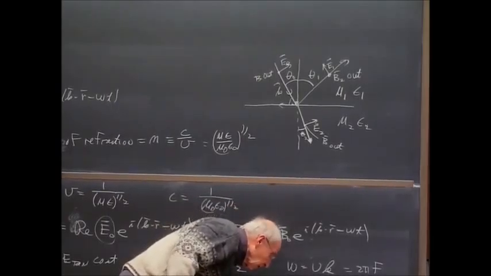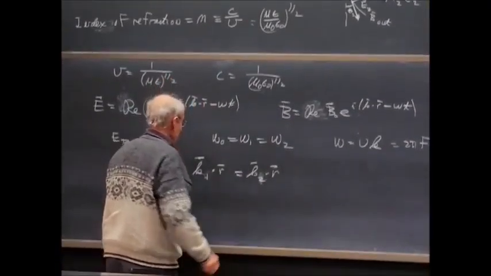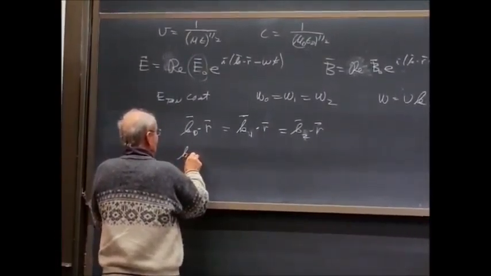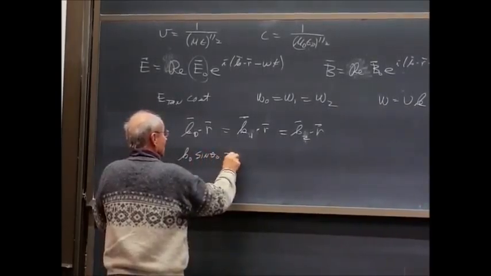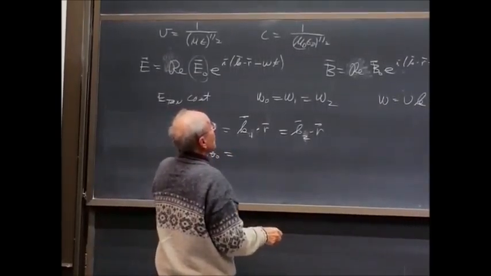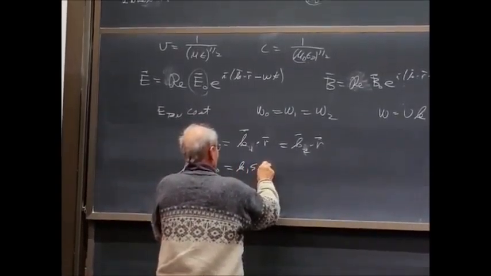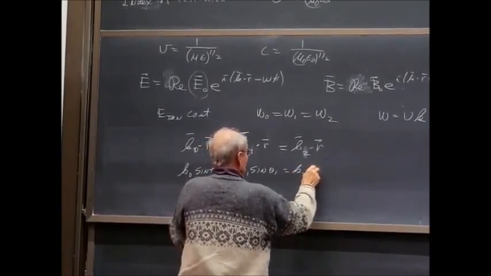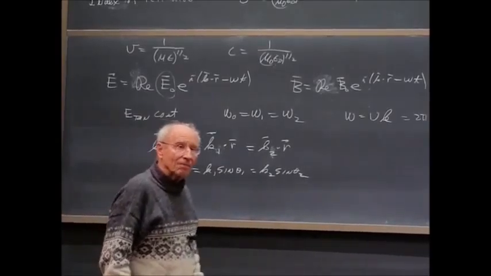So, what we're going to get is K0 sine theta 0 is going to equal K1 sine theta 1 is going to equal K2 sine theta 2.